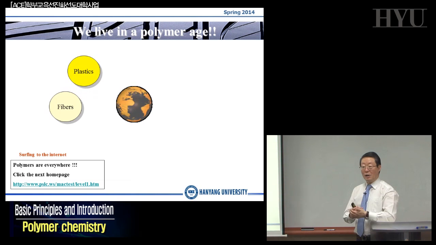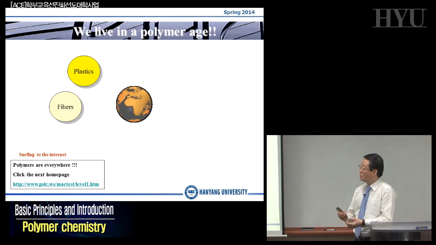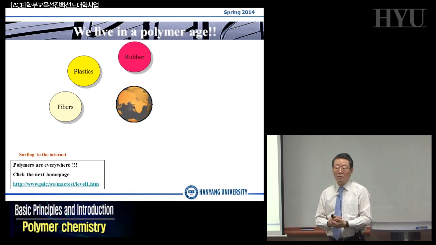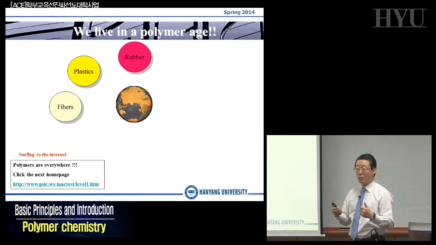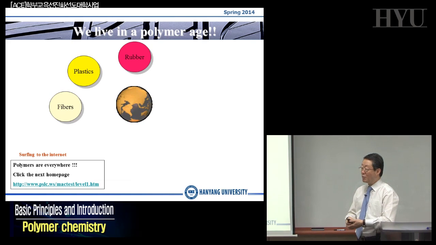Plastics. I told you that polyester, the same polymer, can be used to make the fiber as well as plastics. There are many types of polymers that can be used to make plastics. Rubbers. Rubbers are usually made of the butadiene type of polymer, okay, or isoprene. Have you seen the rubber tree?